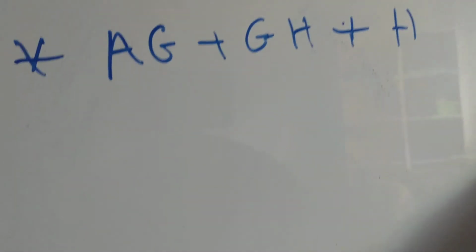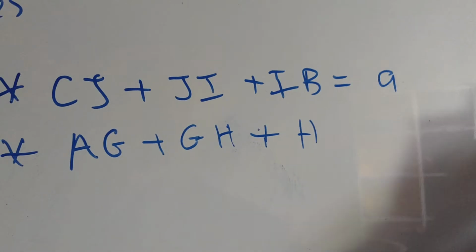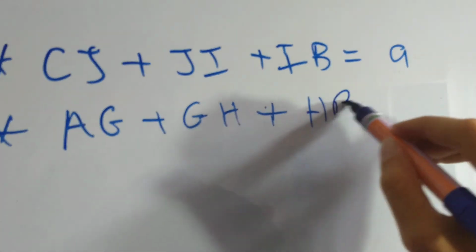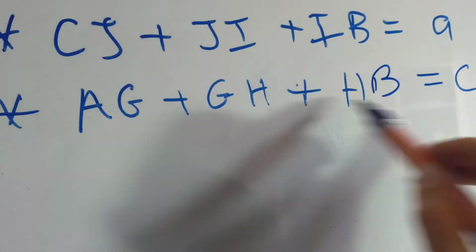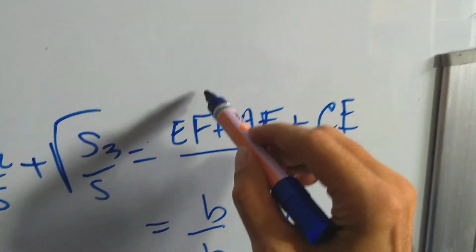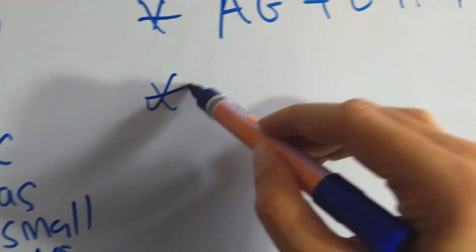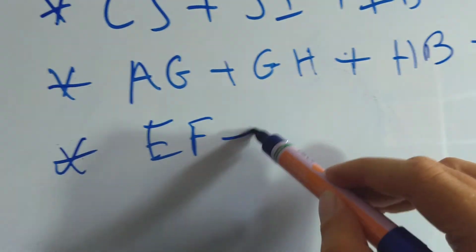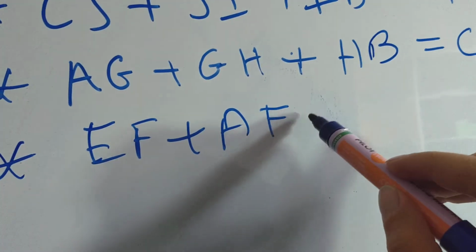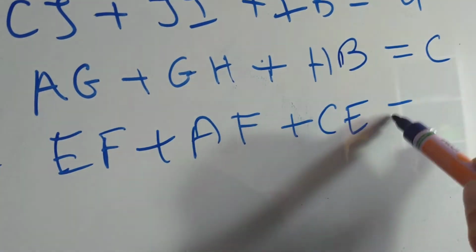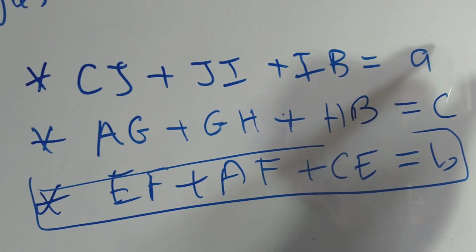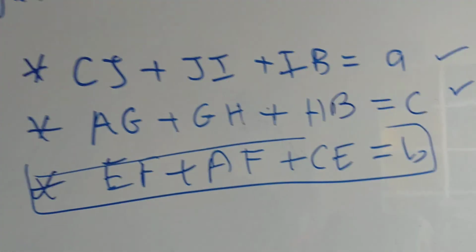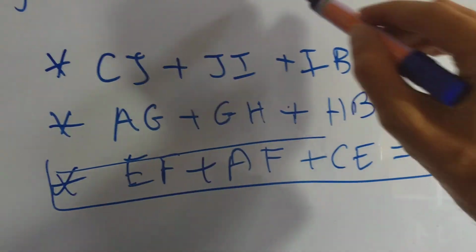Hang on, my board is moving around. Use this identity, okay? We don't have to use this one, EF. That just happens to be the side that I chose to work with. But you can try it with this one or this one, why not? And as an exercise, why don't you do it?